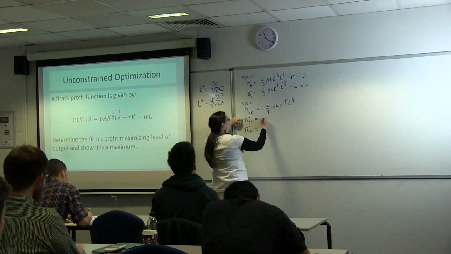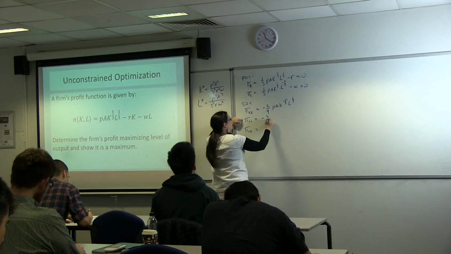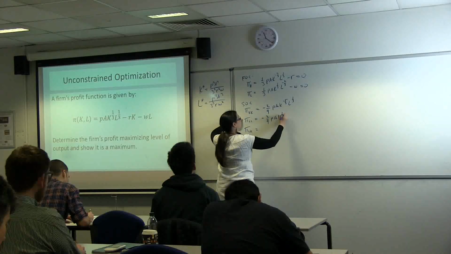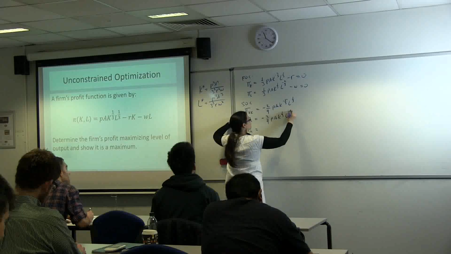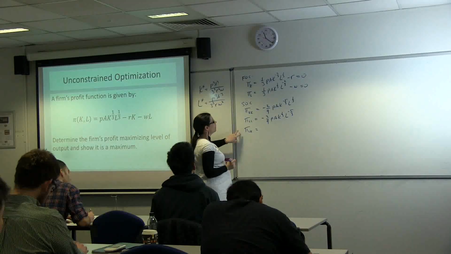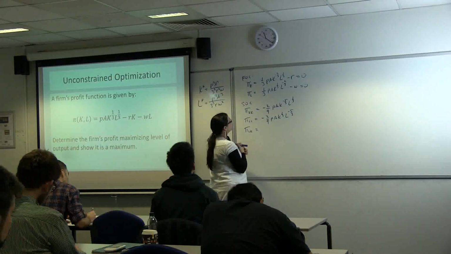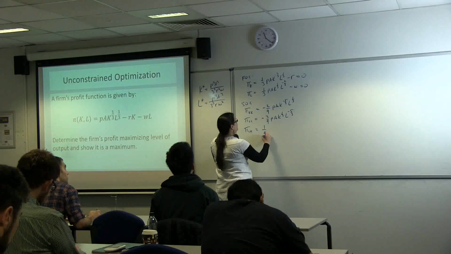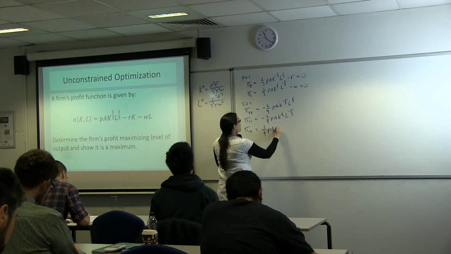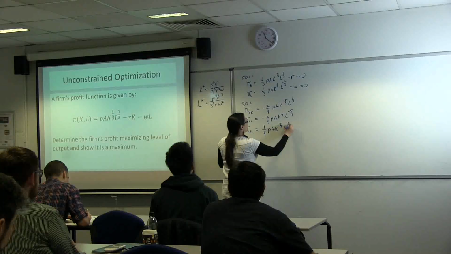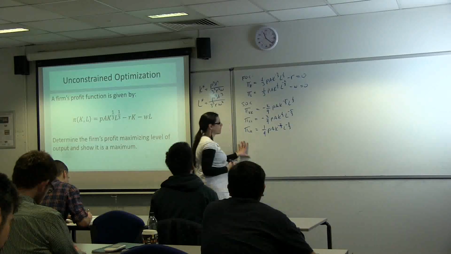With respect to L. And the cross partial will give me 1 over 9 times p a k to the minus 2/3 L to the minus 2/3. Okay?